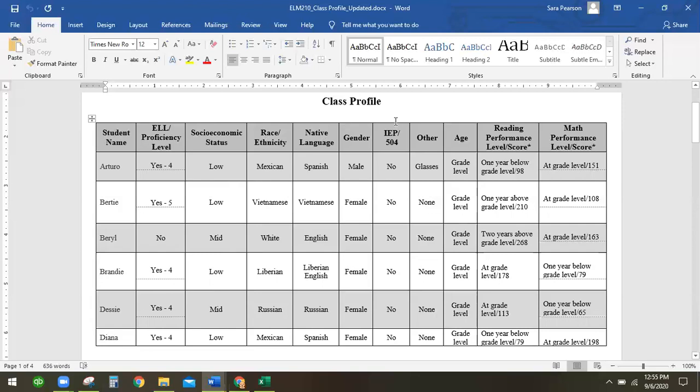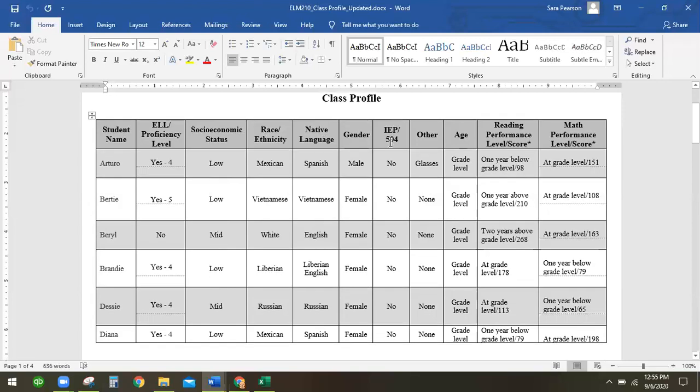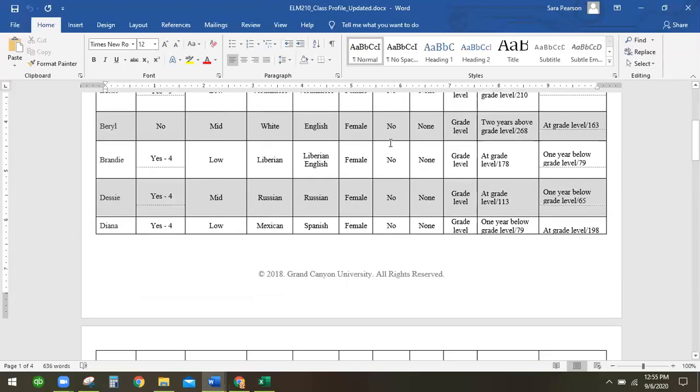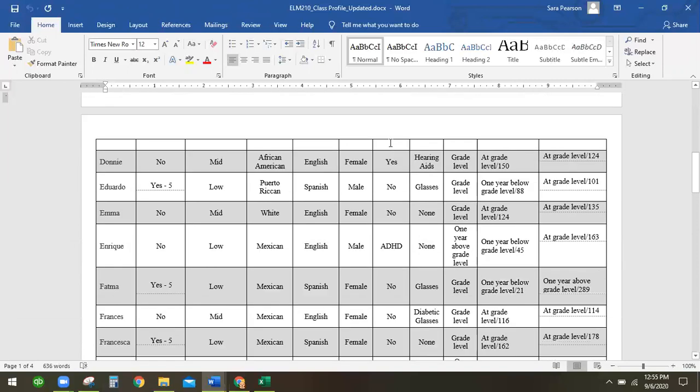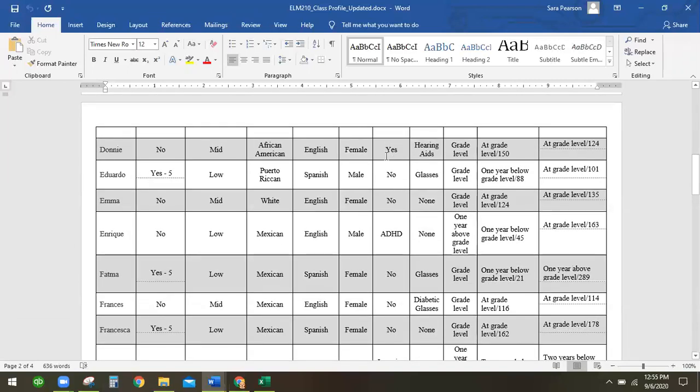Right here under IEP and 504, that indicates which students are special education students. So as I'm looking through and I'm scrolling, I'm seeing the first page has no, and then I have one student here, and their specific need is hearing aids. So this is somebody not with a learning disability, but a hearing impairment.